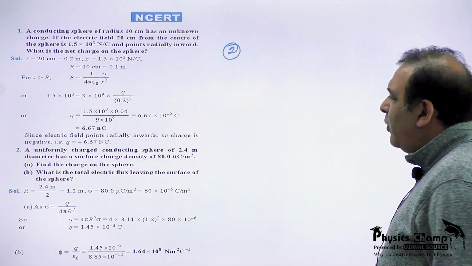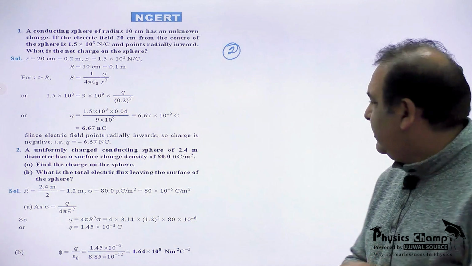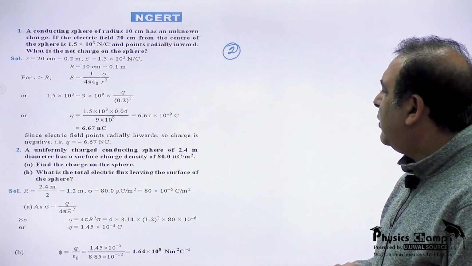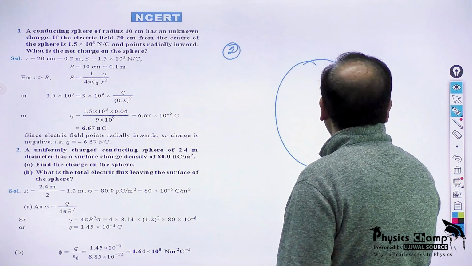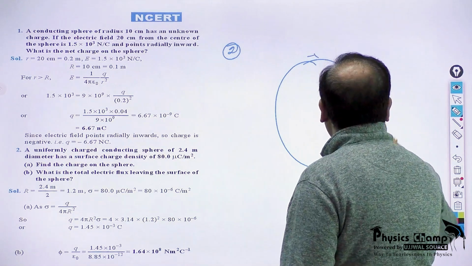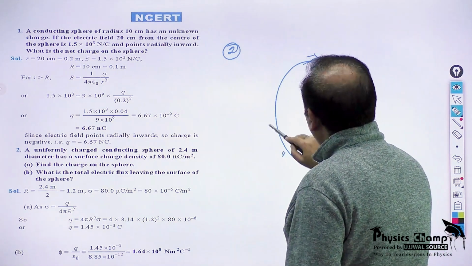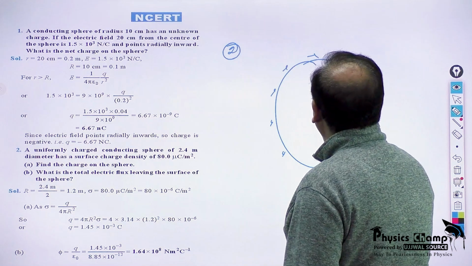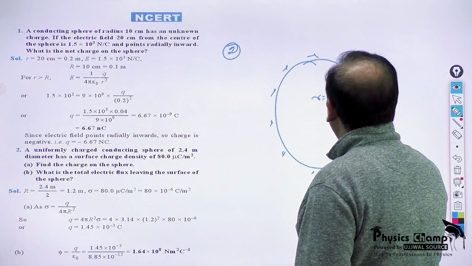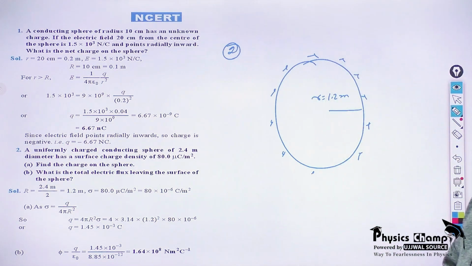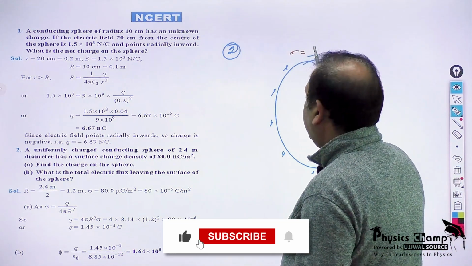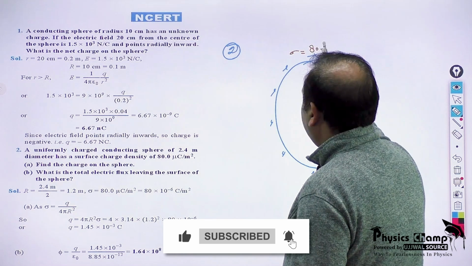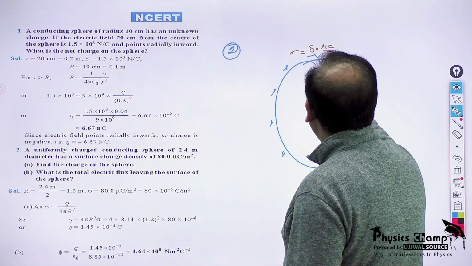There is a uniformly charged conducting sphere of 2.4 meter diameter. So you have once again a charged conducting sphere, and it has a radius 1.2 meter. Diameter is 2.4 meter. And it has surface charge density, which is given to us, is 80 microcoulomb per meter square.